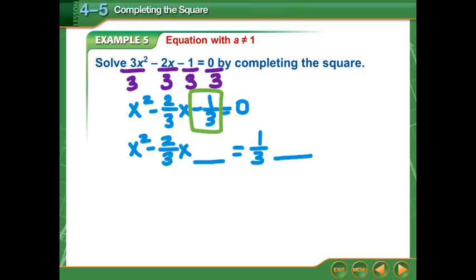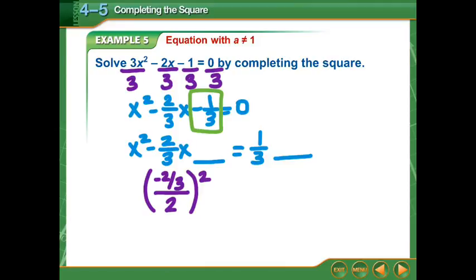Okay, so now we're going to complete the square. Remember, whatever number is in front of x, we're going to take negative 2/3, divide it by 2, and then square it. You can use your calculator if you need to. Make sure you put it in parentheses. I'm going to go a step at a time. When I do negative 2/3 divided by 2, that's going to be negative 1/3.